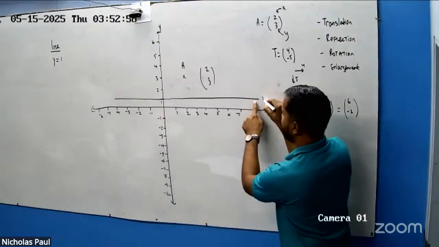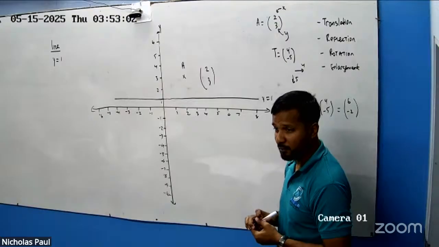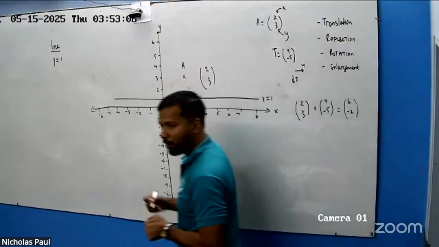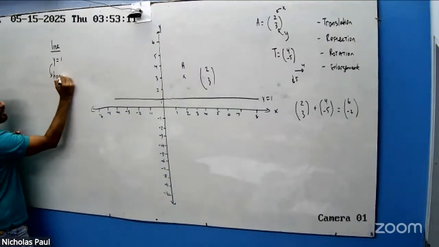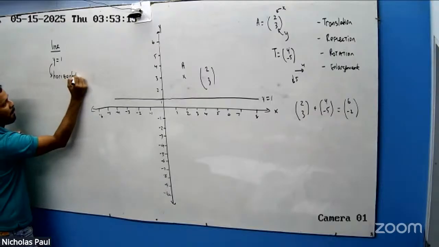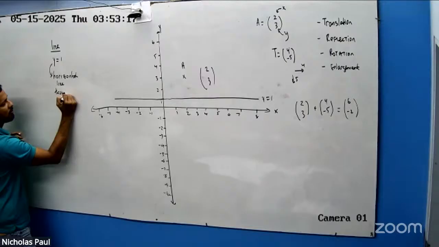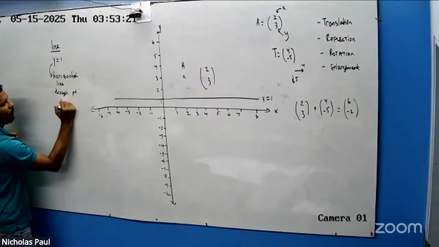This line here is y is equal to 1. That's okay? So the line y equal to 1 is a horizontal line. So if it's the first time you're doing this, write it down as a horizontal line through point y is 1.